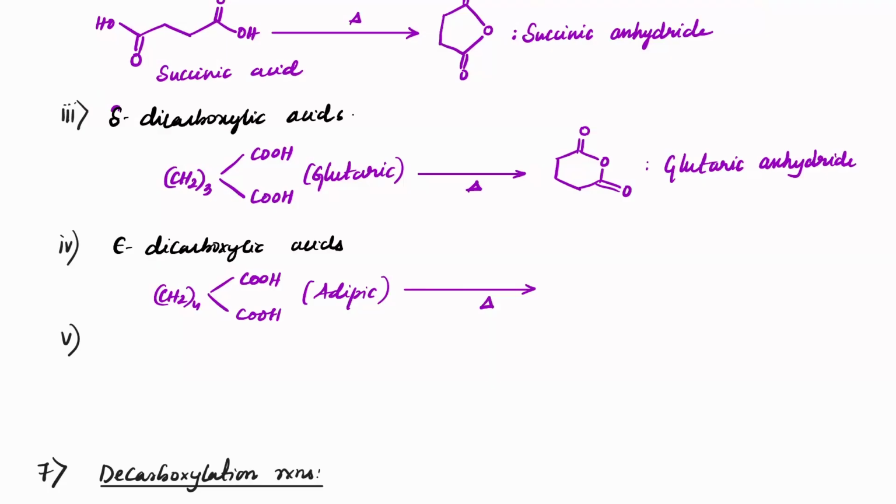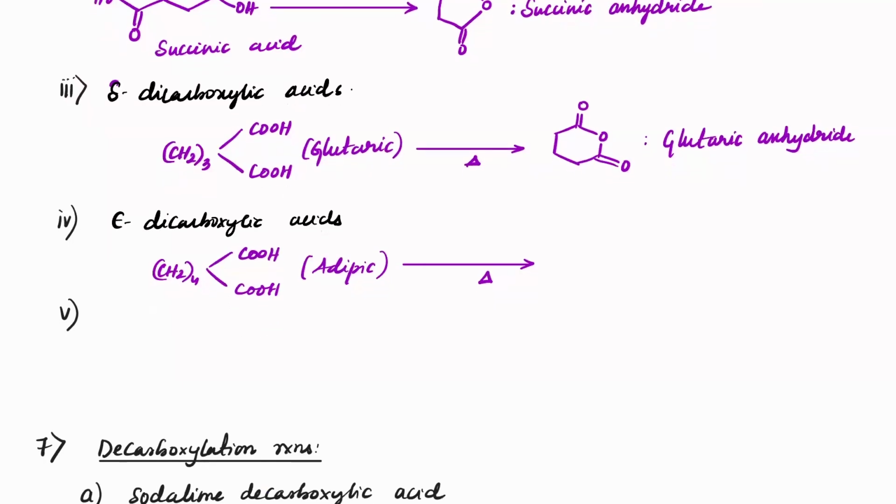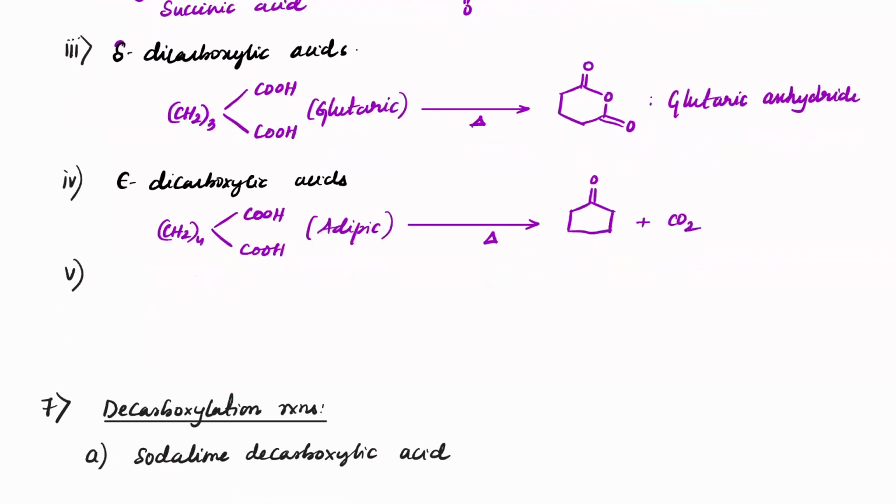So it is very interesting to see that because it cannot undergo an anhydride form, it would actually get decarboxylated. So if it gets decarboxylated, the product that you will observe is a ketone, a 5-membered ring ketone, and CO2. Okay, this is what you will get.